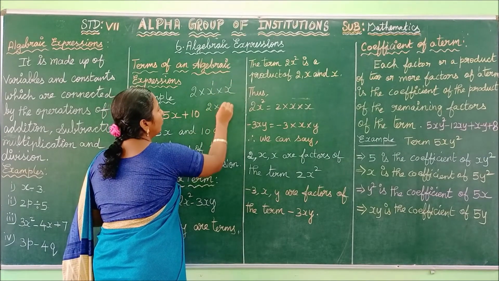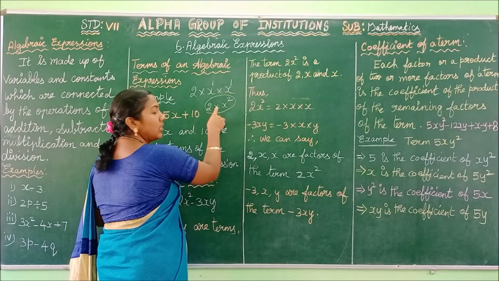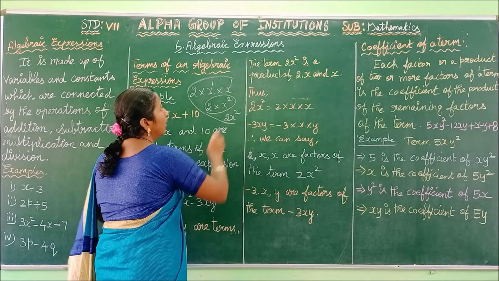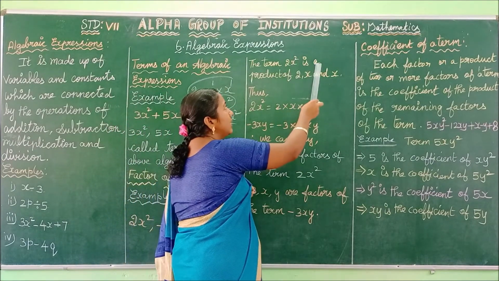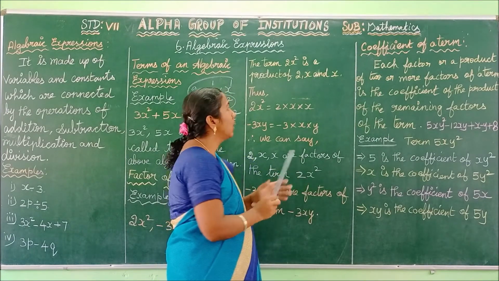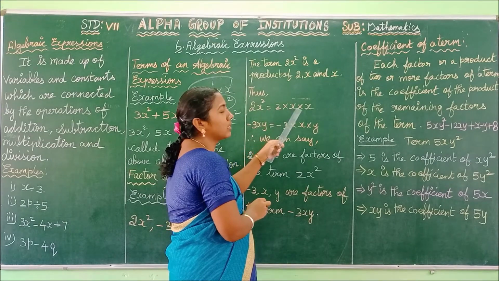So, 2 into x power 1 plus 1, which is 2. So, here you have to remove the multiplication symbol and write 2x square. Thus, we are saying the term 2x square is a product of 2x and x. Thus we can write 2x square equal to 2 into x into x.